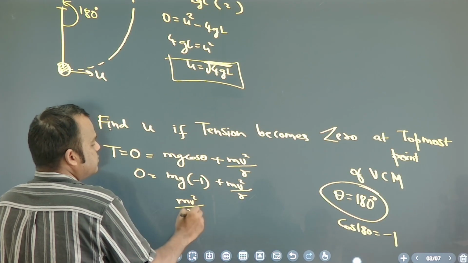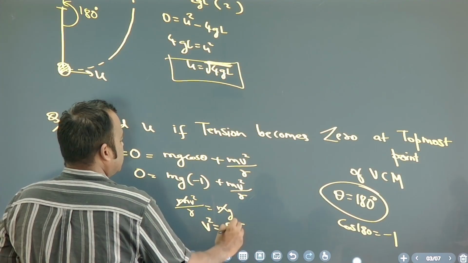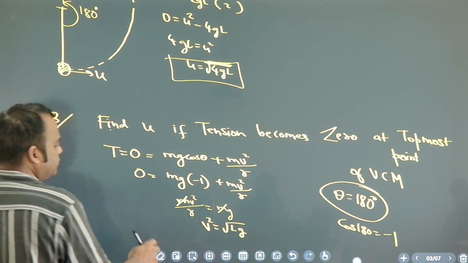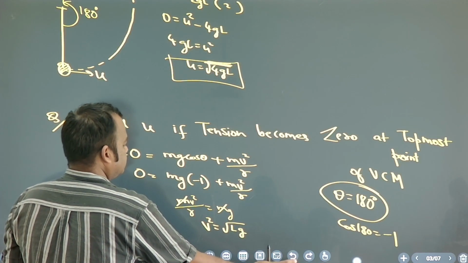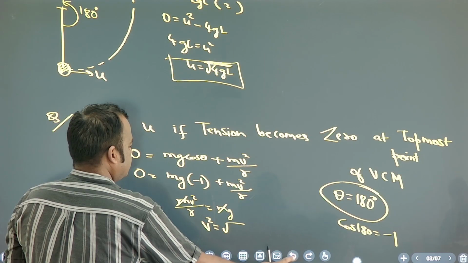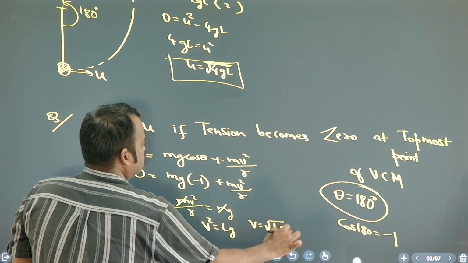So mv square by r is mg. So v square is equal to lg. V will be root of lg.